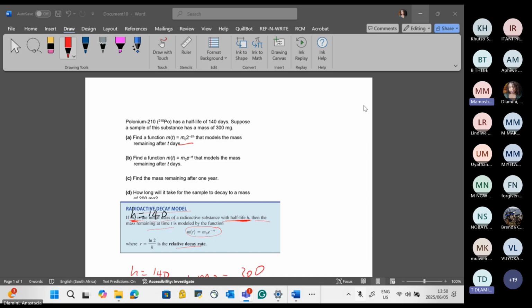We're supposed to use 365, because 365 is the number of days in a year, and we're given that T is measured in days, not years. So T there is going to be 365.